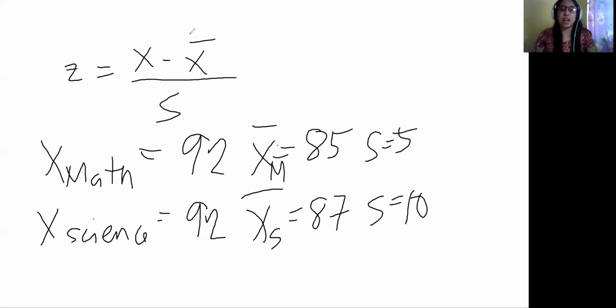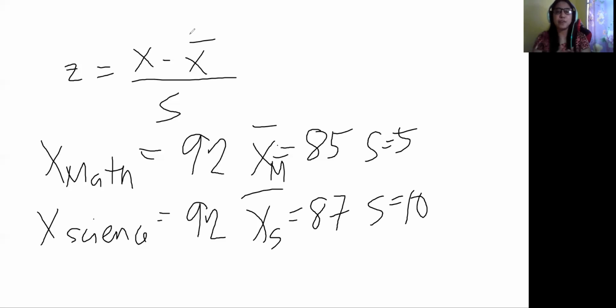So you know your grade. Your grade in both mathematics and science is 92. But the average grade of the class, including you of course, is 85 in math with a standard deviation of 5, while in science it is 87 with a standard deviation of 10.